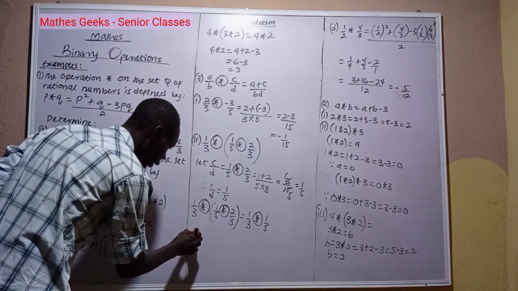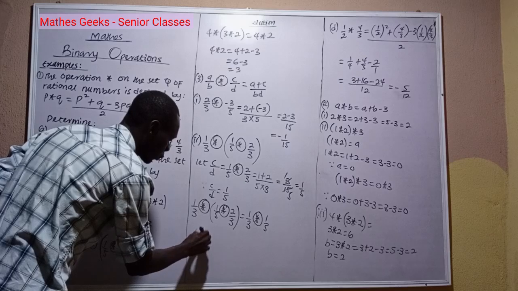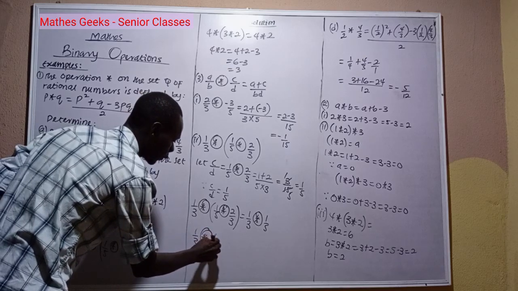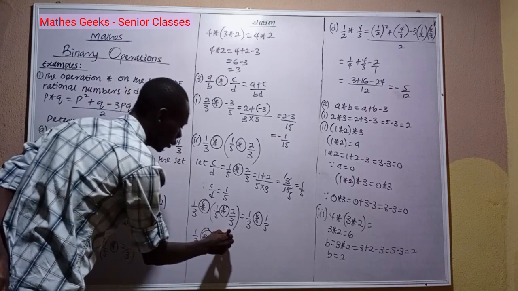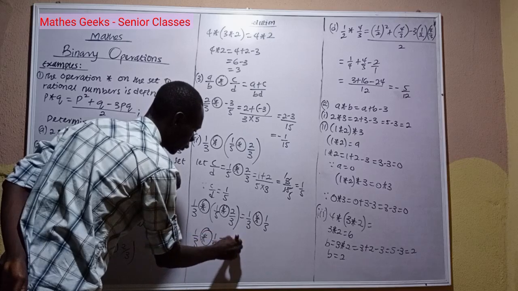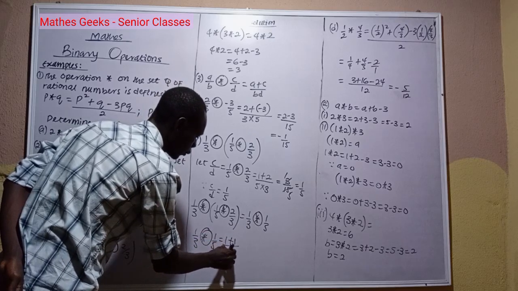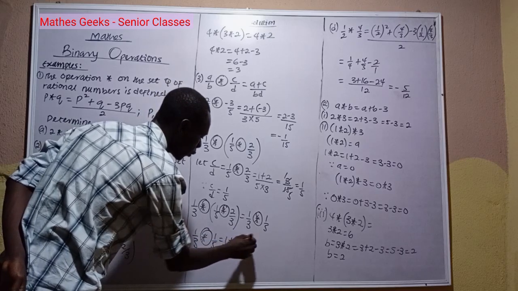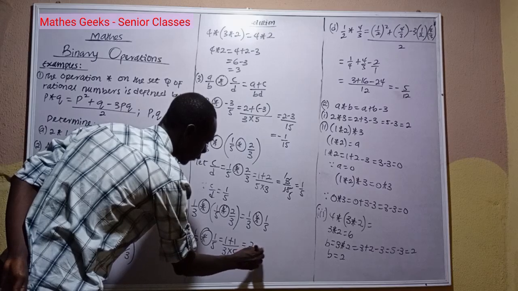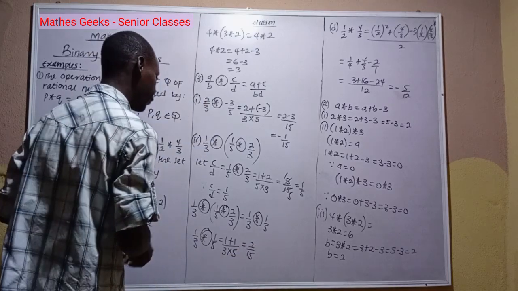So 1 over 3 operation 1 over 5 is equal to, A is 1, C is 1, B is 3, and D is 5. So 1 plus 1 is 2 over 15. That's the answer.